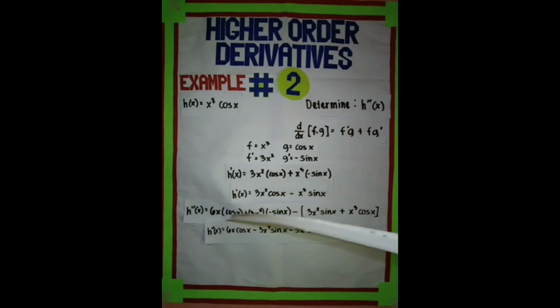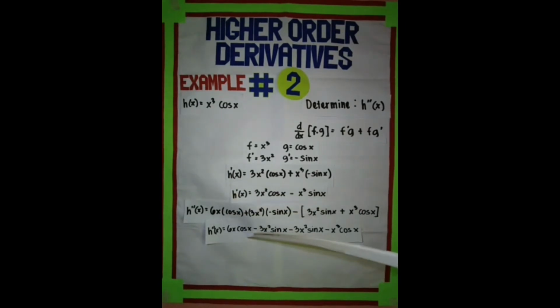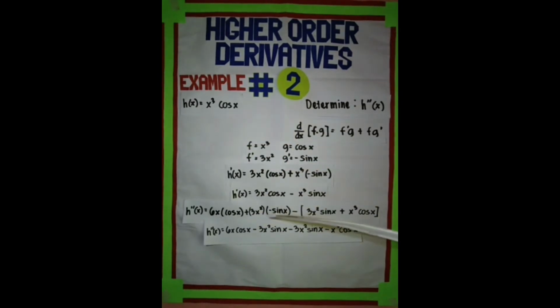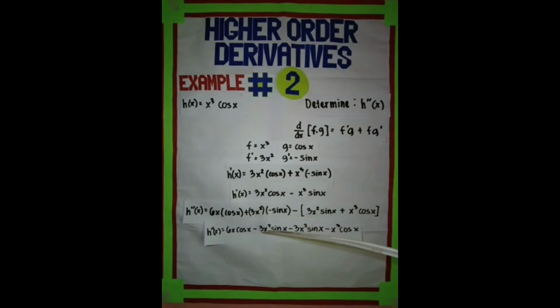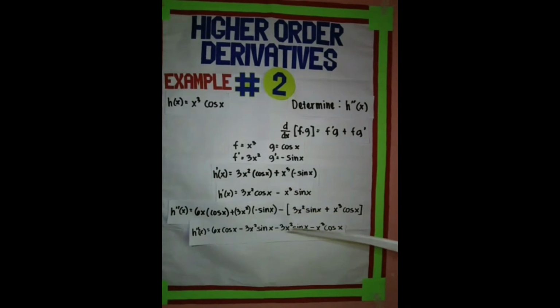So next, 6x times cosine x is equal to 6x cosine x. And then 3x squared times negative sine x is negative 3x squared sine x, minus the 3x squared sine x, minus the x cubed cosine x.